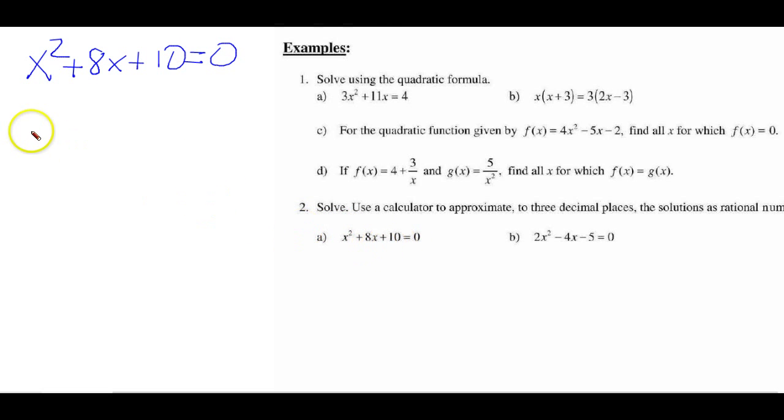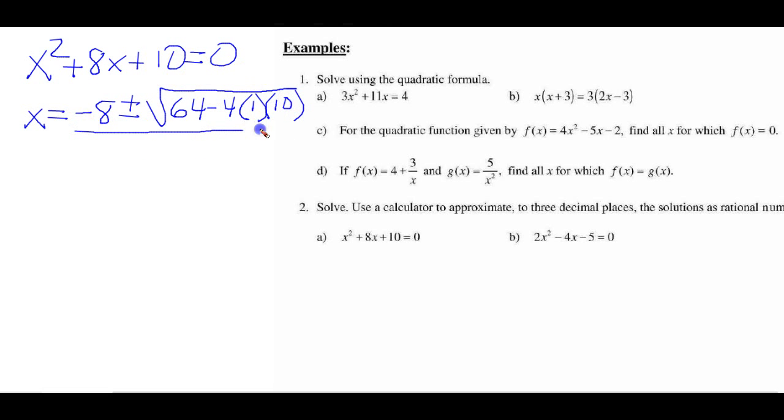Well, again, you'd have to use the quadratic formula, and we get something like this. So x equals negative b, which is negative 8, plus or minus the square root of b squared, which is 64, minus 4, a, which is 1, and c, which is 10, all over 2a, which is just going to be 2, since a is 1.